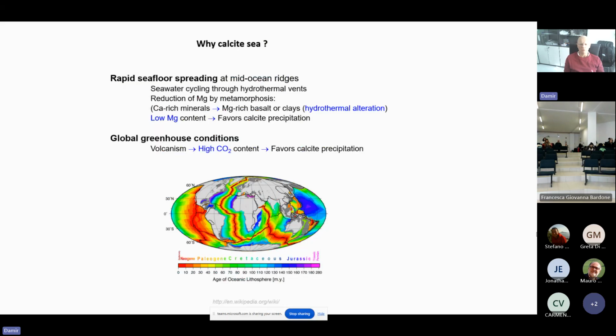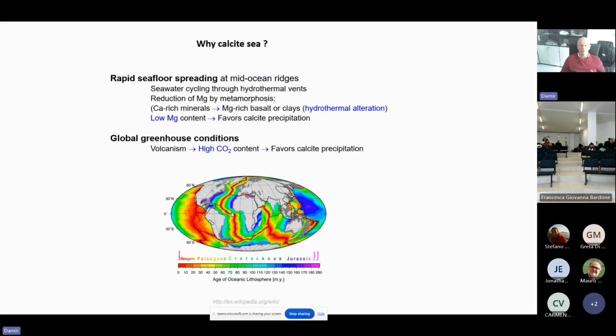The explanation is related to chemical processes that happened during this period, namely the rapid sea floor spreading. You can see on this map the mid-ocean ridges, a place where seawater can circulate and contact the lithosphere.